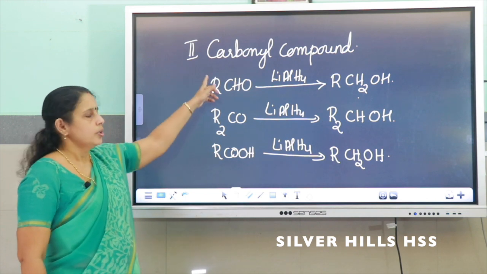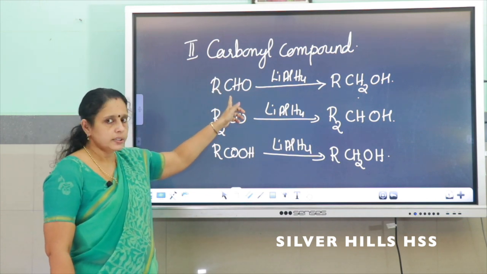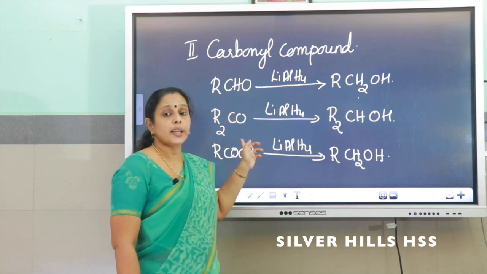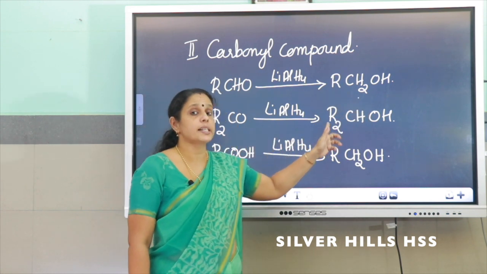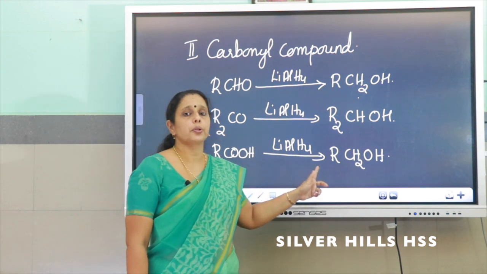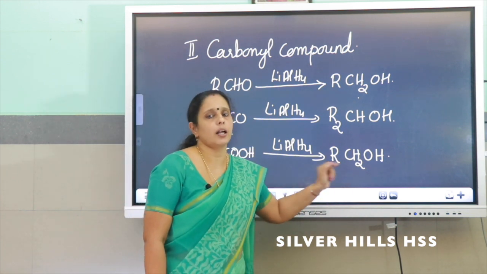So, an aldehyde on reduction produces a primary alcohol, ketone on reduction produces a secondary alcohol, carboxylic acid on reduction produces a primary alcohol.